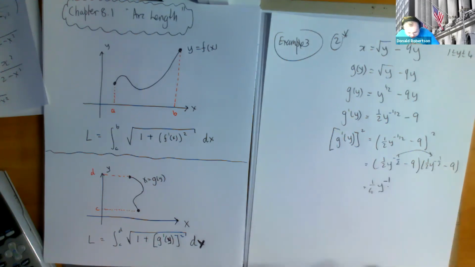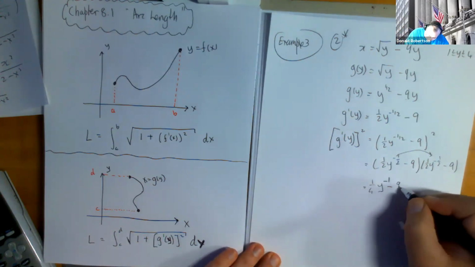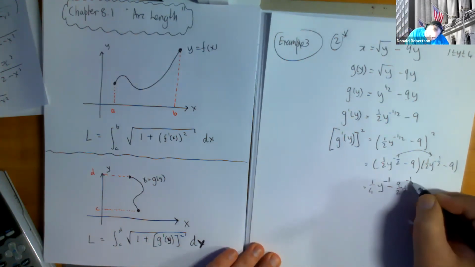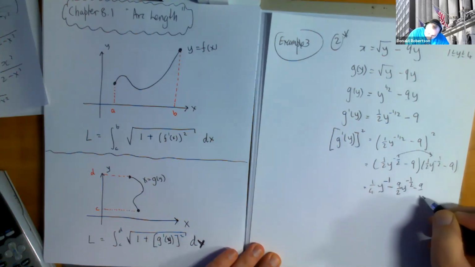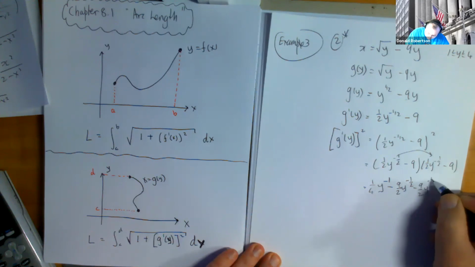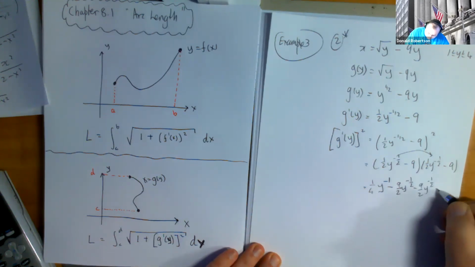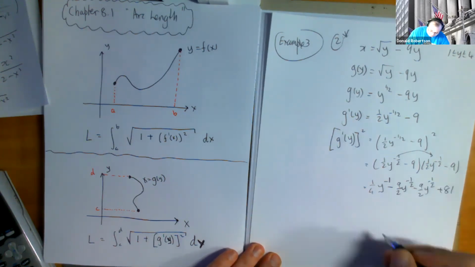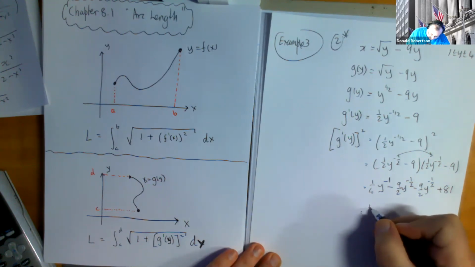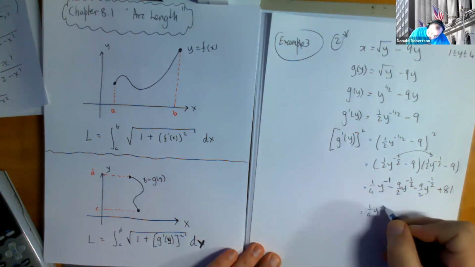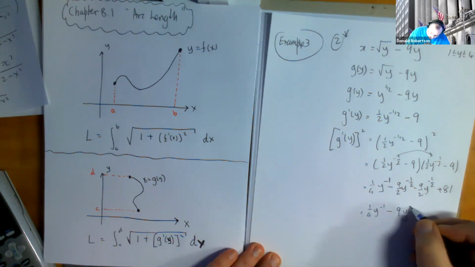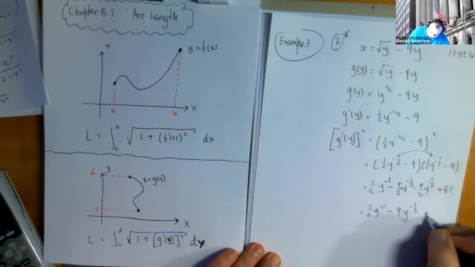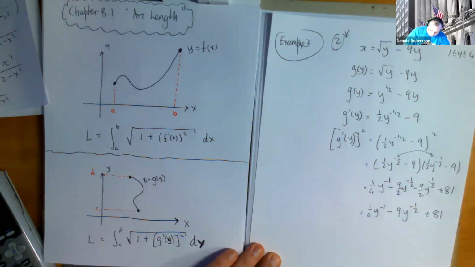Now this times this, -9/2. This times this, -9/2. And this times this is 81. And we now have 1/4 y to -1, take away 9 y to the -1/2 plus 81.